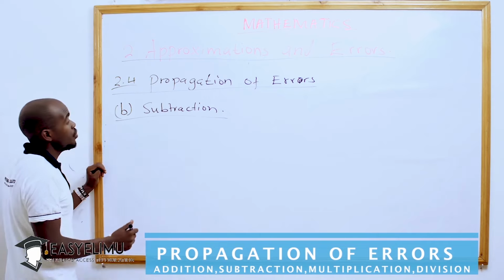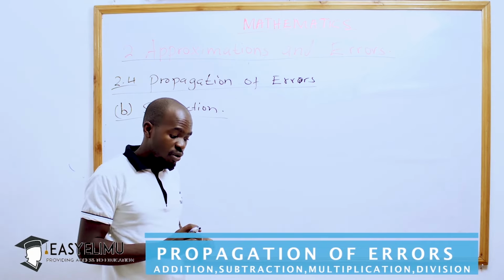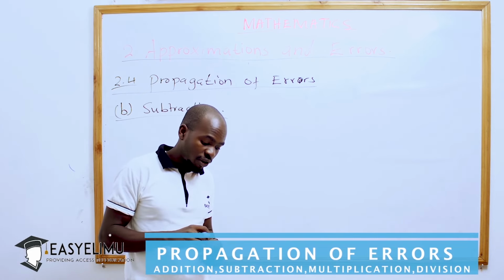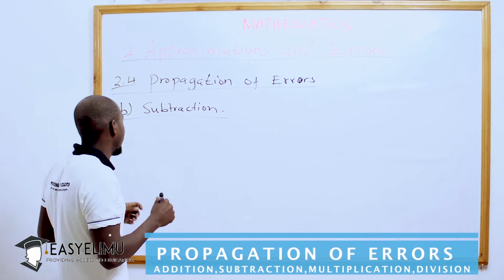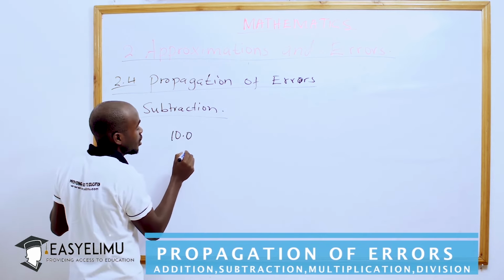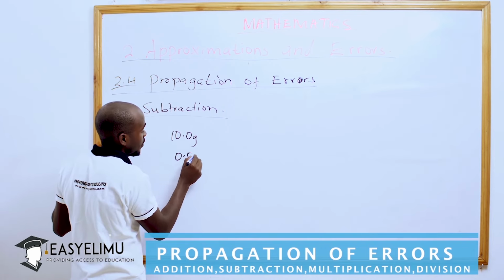Now we do have to deal with subtraction, and we shall consider one example whereby we have been told to find the difference between the measurements 10.0 grams and 0.5 grams.